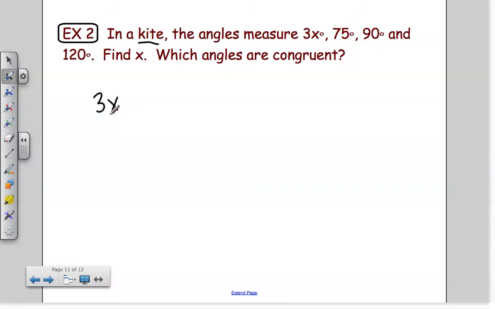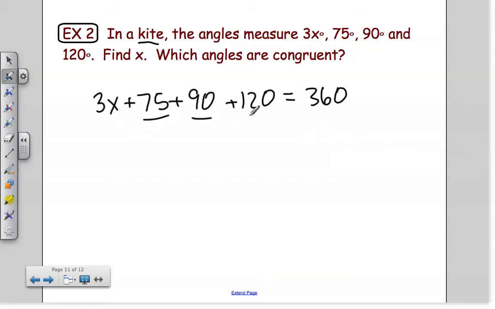So I'm going to do that. I'm going to take the 3x and the 75 and the 90 and the 120. And I know, no matter what, these angles need to add up to 360. It's a quadrilateral. And this will help me find x. I'm going to combine 75 and 90 and 120 if I add those together. So it would be 3x plus 285 equals 360 degrees.